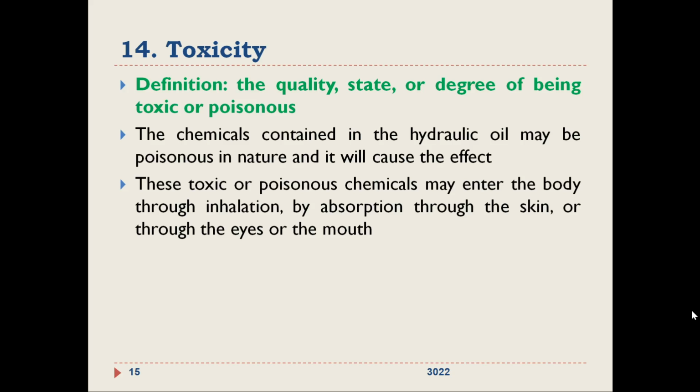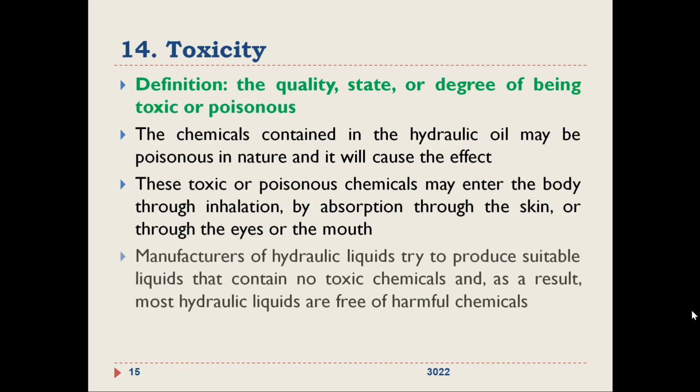These toxic or poisonous chemicals may enter the body through inhalation. It will cause very severe effects on the persons who are working in close contact with hydraulic systems. If these poisonous chemicals enter the body through inhalation, or by absorption through the skin, eyes, or mouth, they will have a very adverse effect on the systems of the human body.